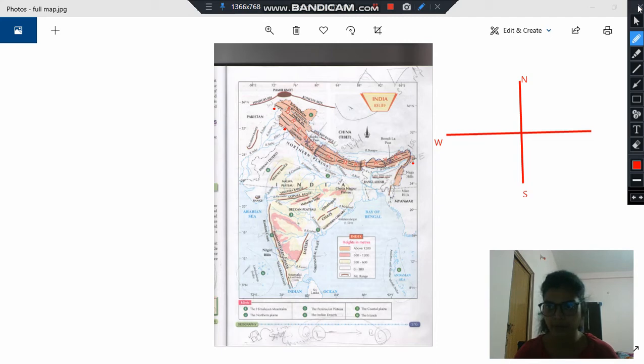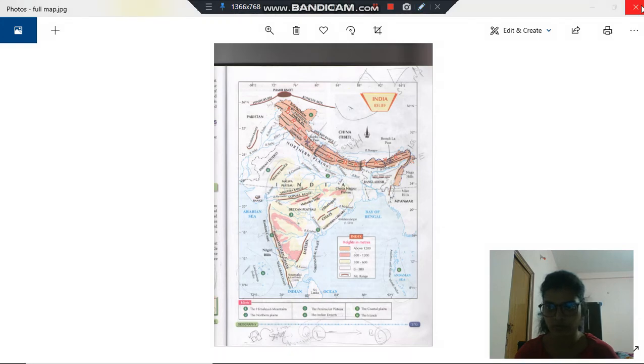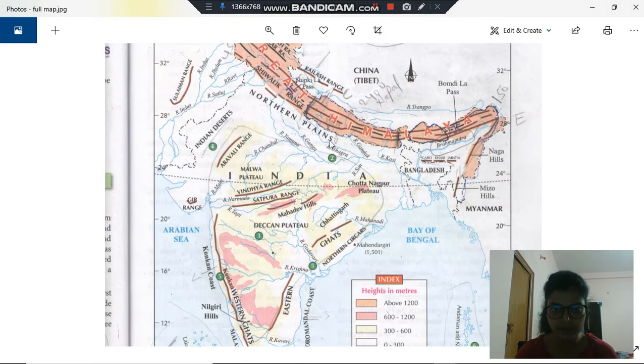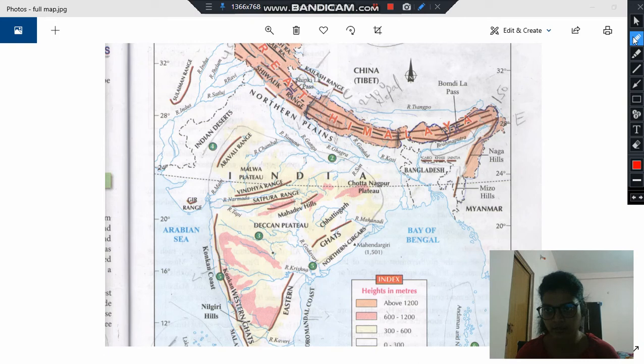Then if we zoom the map, you can see that the upper part, the northern part, is Himalaya. Written in black on white, this part is northern plains. Then if we go even lower, we see this triangle is peninsular plateau.